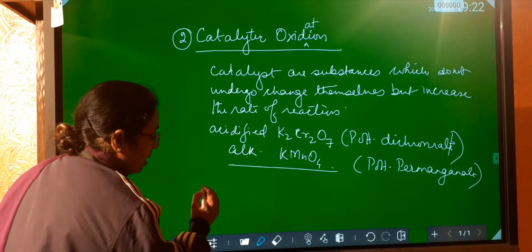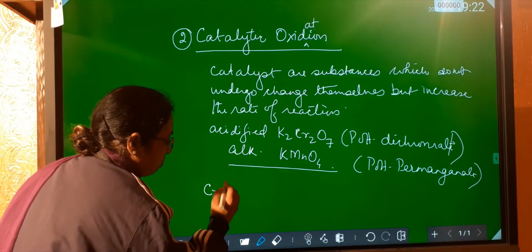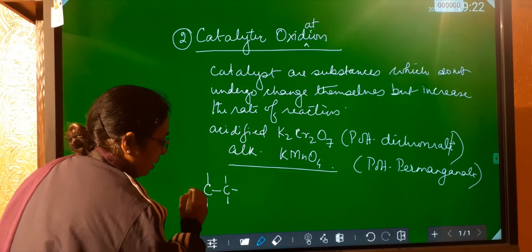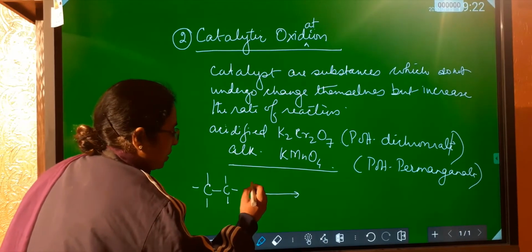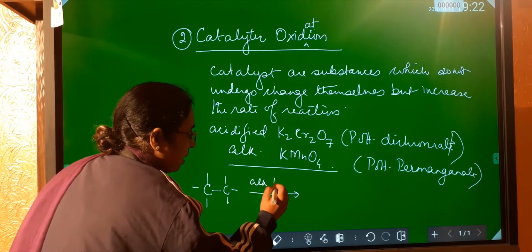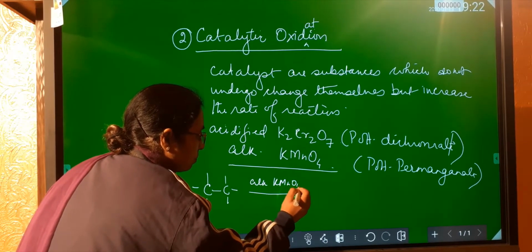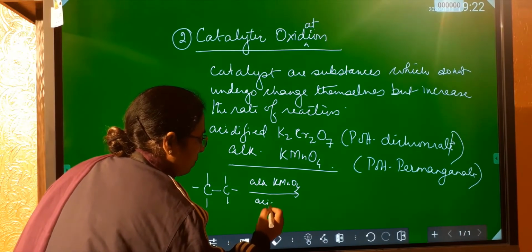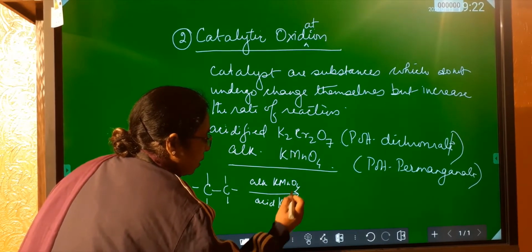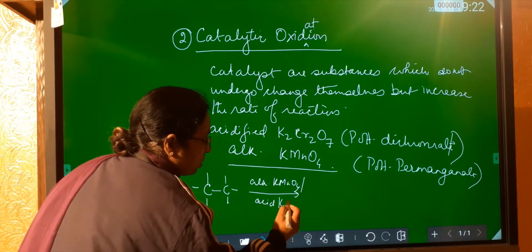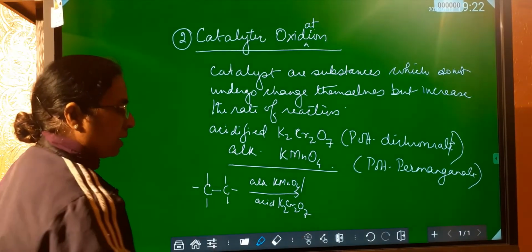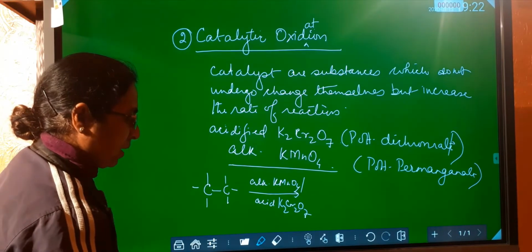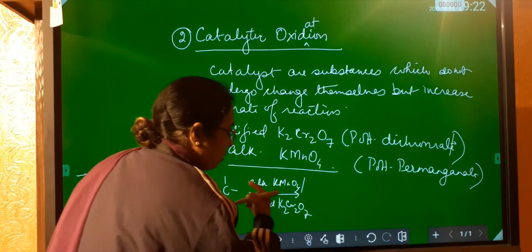Now just see, supposing I begin from ethane and I am doing it in the presence of either alkaline KMnO4 or acidified K2Cr2O7, not both.